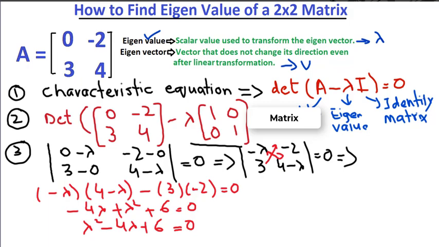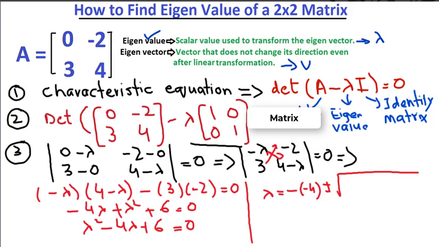Now this is a quadratic equation and we cannot factorize it easily, so we will use the quadratic formula to find the value of lambda. Lambda equals minus b plus minus under root b square minus 4ac, divided by 2a.